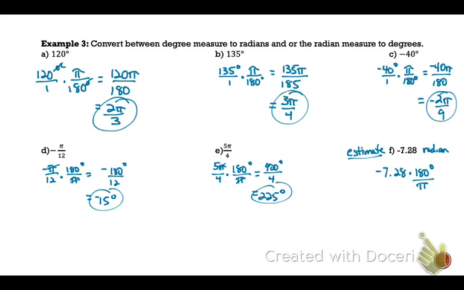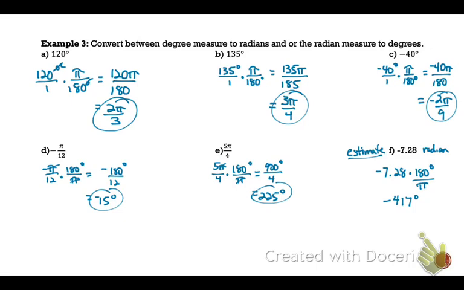Also, that does look like a degree number, but there's no degree marking, so technically that is radian. So we're going to convert it to degrees. On my calculator, I get negative 417 and some decimals, and so I'm just going to round to ones place. If you start with a decimal, you can end with a decimal or with rounding, estimating.